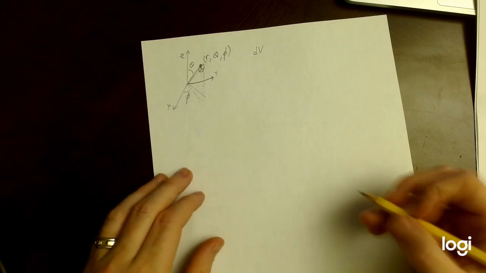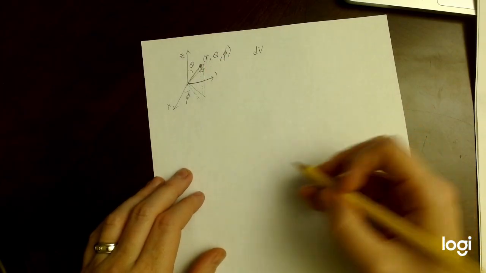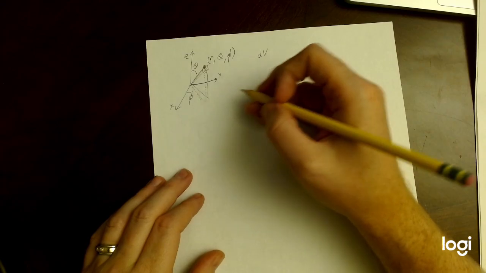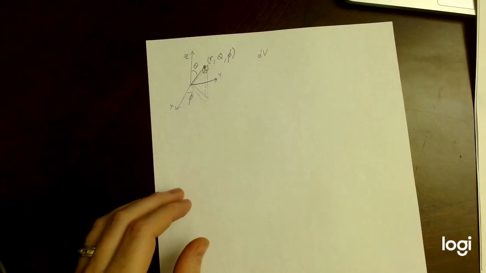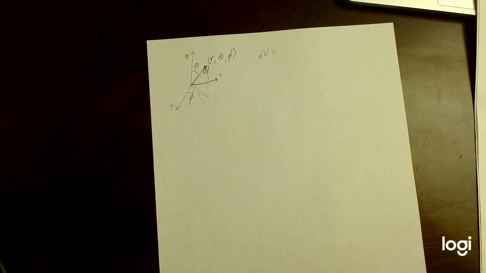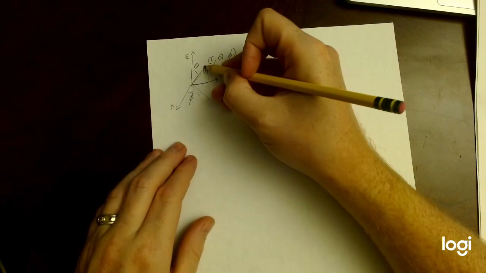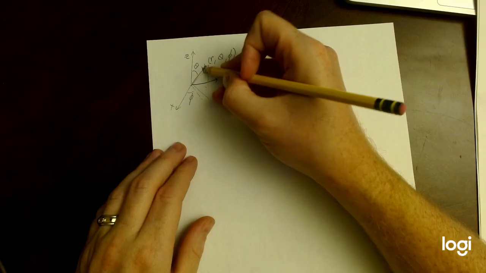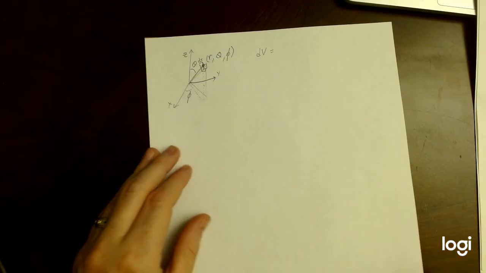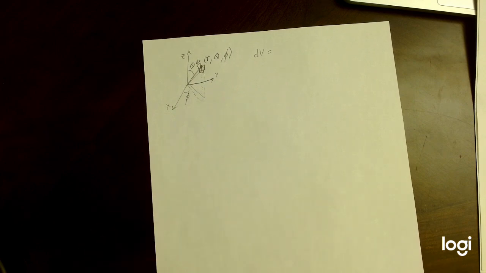But we have to think about what are those arc lengths, because just like when we did this in polar or cylindrical coordinates, we're going to need to account for those lengths. Now, of course, the one in the radial direction here, that can just be called a small dr, and that one has a physical distance to it.